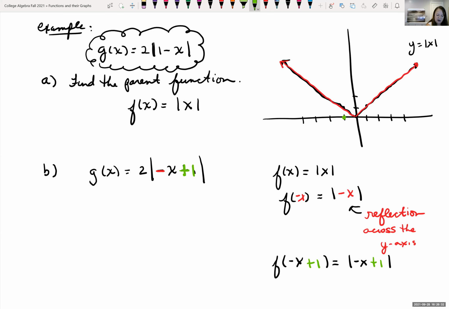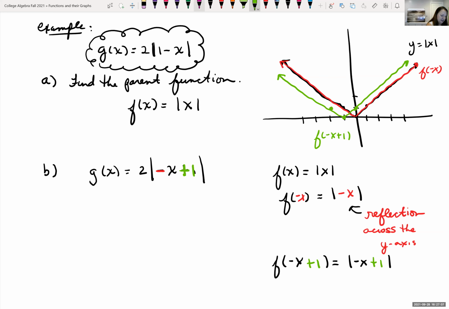This point here that was at 1, 1 is now at 0, 1. This point here that was at -1, 1 is now at -2, 1. So that's what we get in the green.